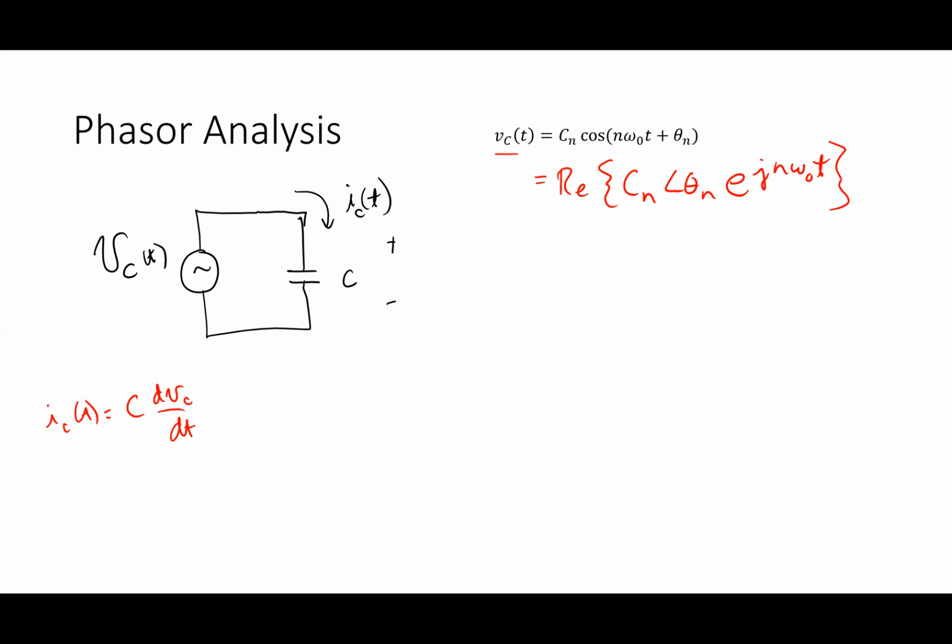And just remember that we need to take the real part when we're all done. What that tells us is we get an i sub c of t that becomes C times j omega naught n times Cn angle theta n times e to the j n omega naught t.